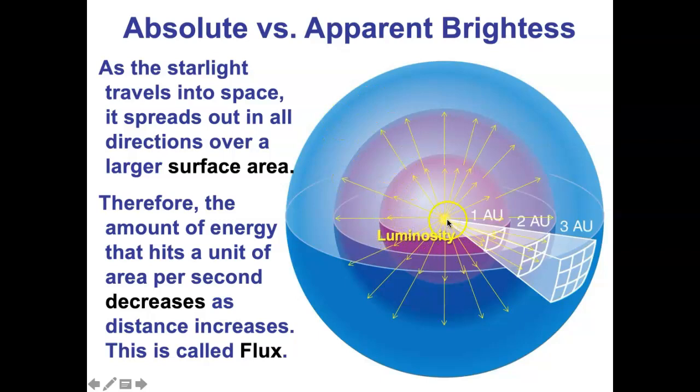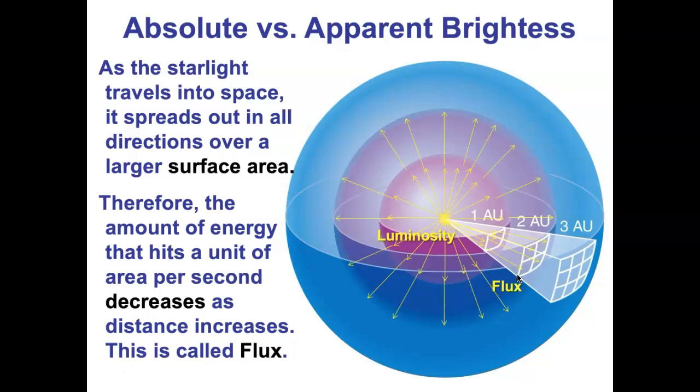The light that hits your telescope is the light that heads in this direction. If we move to be 2 astronomical units away, and your telescope is this square right here, then that same amount of sunlight is now being spread out over a larger surface area. And therefore, the energy that hits your telescope is going to be lessened. How much energy hits a unit of area per second is what's called flux.